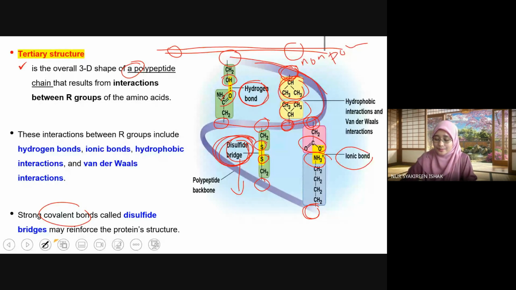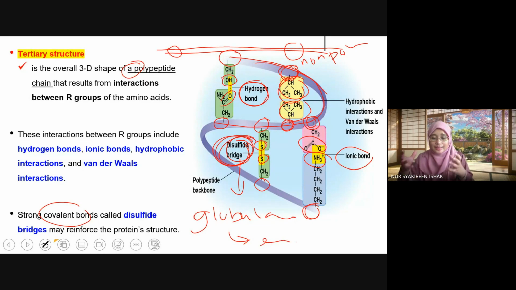Contohnya kan, kalau macam protein yang kita classify dia sebagai globular protein nanti. Okay, globular protein such as enzyme, kan, enzyme kita dah belajar kat sekolah since. So the structure of enzyme, it has active sites, kan, active site for substrate to bind. So in order for the enzyme to attain a functional shape, it has to fold into a specific 3D structure.